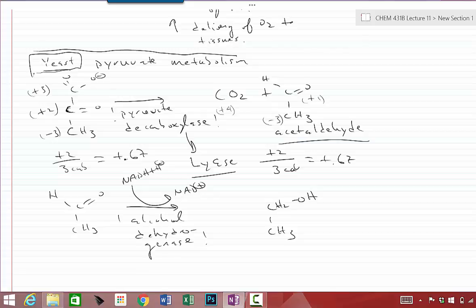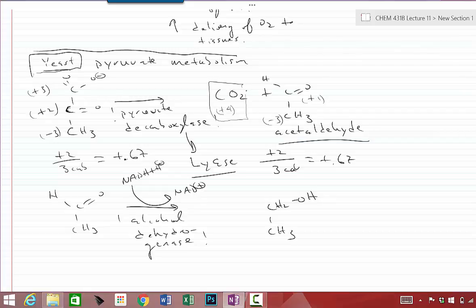I usually put it above the refrigerator, and I usually cover it to keep it warm. Try to keep it near 37 degrees if possible. And what happens is that bread rises, right? And the reason why it rises is that it's actually putting off this CO2 gas. That CO2 gas is what's causing that bread to rise, okay?